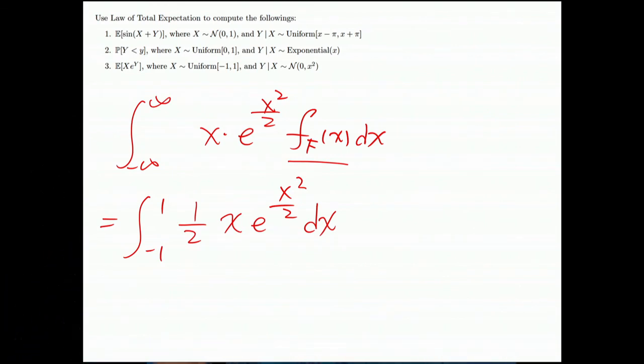And this is an odd function, so it is 0.